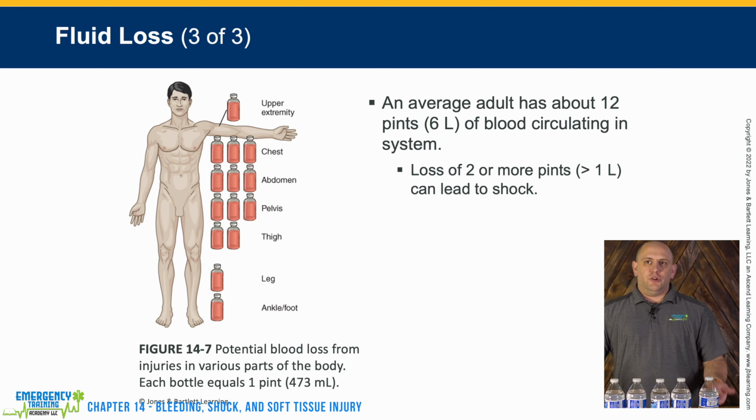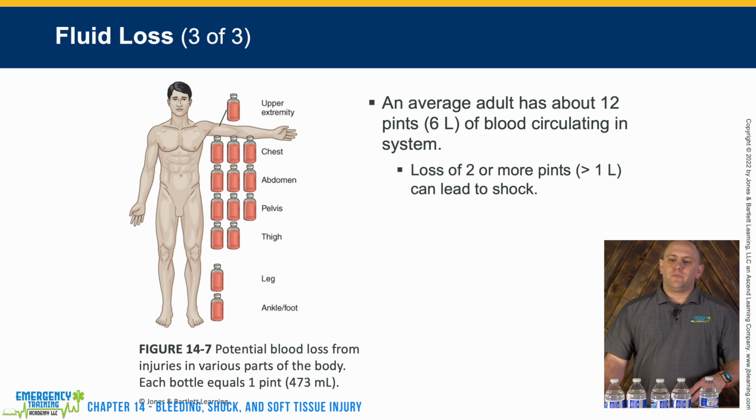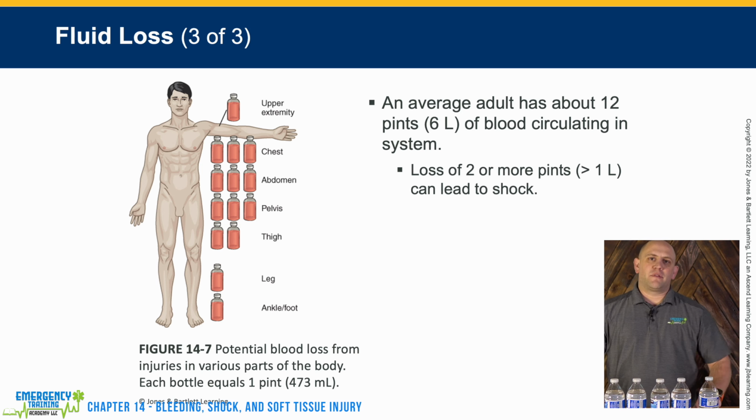The average adult has about 5.5 to 6 liters of blood circulating through. In females, we generally see about 5.5. With males, we'll see 6. So right here, I have a representation of 5.5 liters.